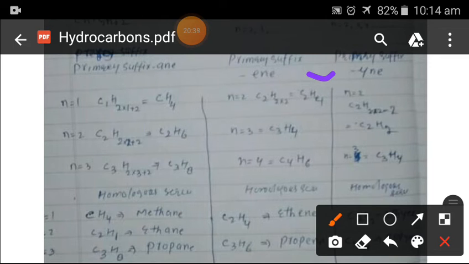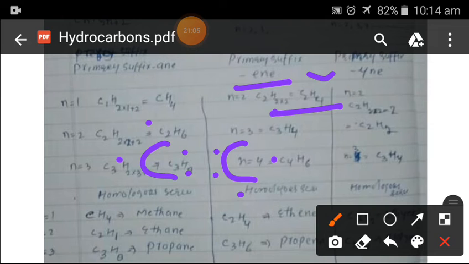Similarly, you will see for the alkenes, the first member is C2H4. First you write two carbon atoms, and between the carbon atoms there is a double bond. We know that each carbon atom has four valence electrons. So the four valence electrons will be written like this, because the carbon contains multiple bonds, that is, in alkenes there are double bonds. Two electrons form one bond, two electrons form another bond.